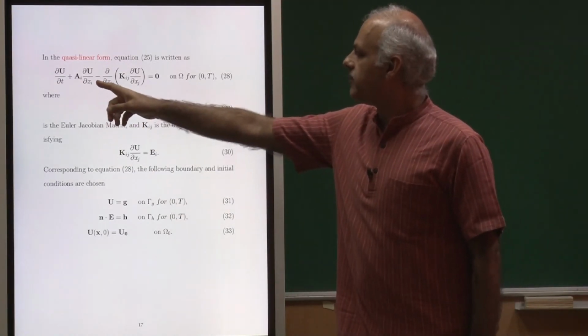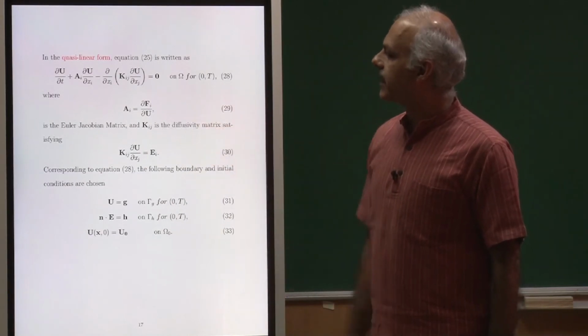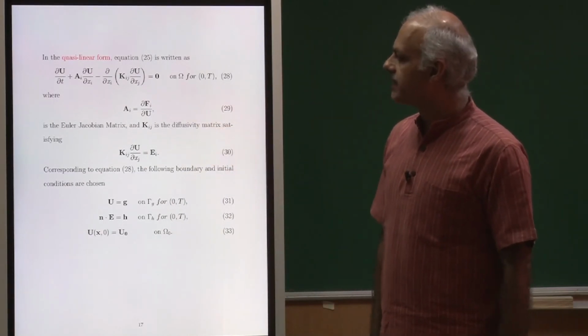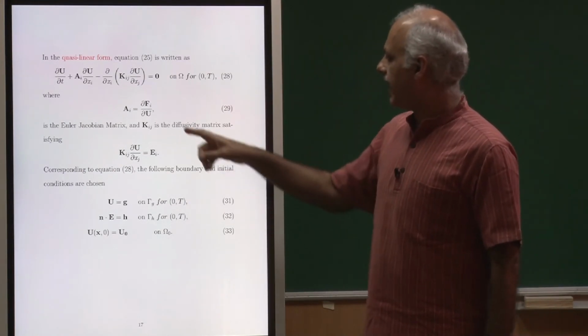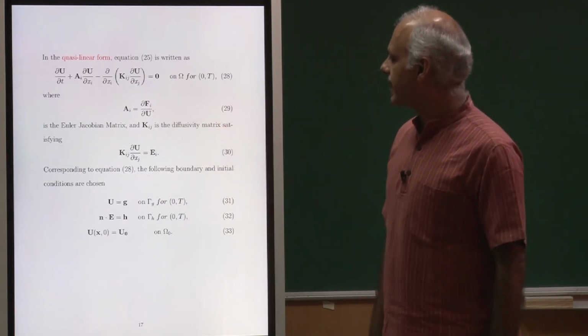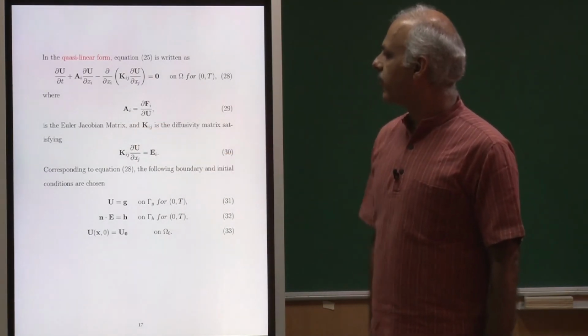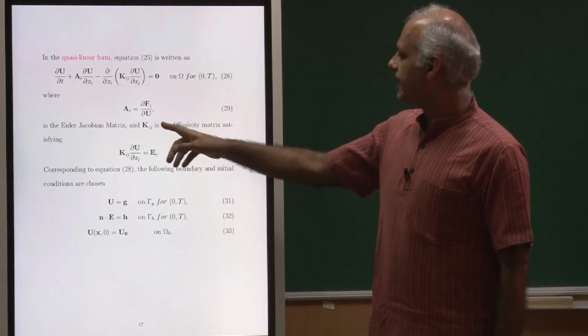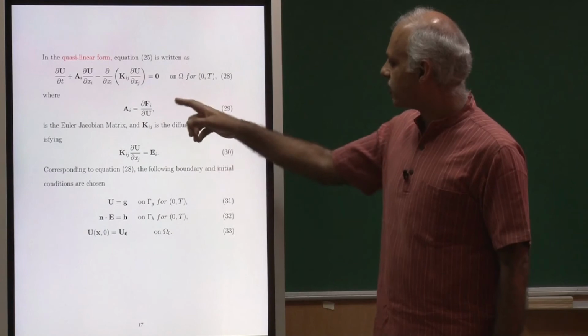Ai times del u by del xi replaces the earlier del f by del x term. That is how we do this quasi-linearization. In this equation, Ai is the Euler-Jacobian matrix, and Kij we refer to as the diffusivity matrix, and that is how they are defined here.